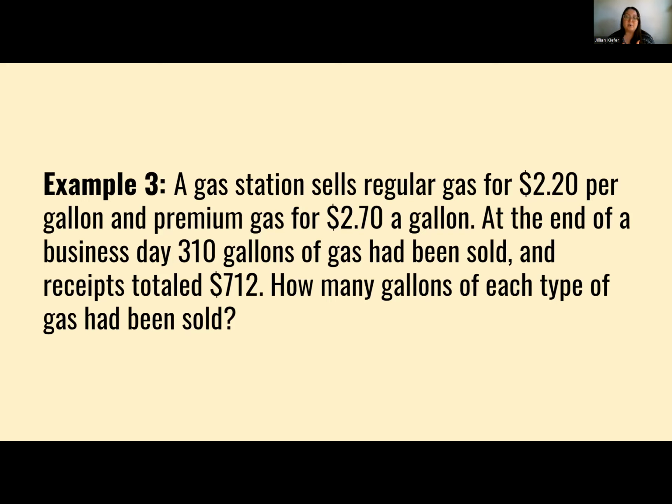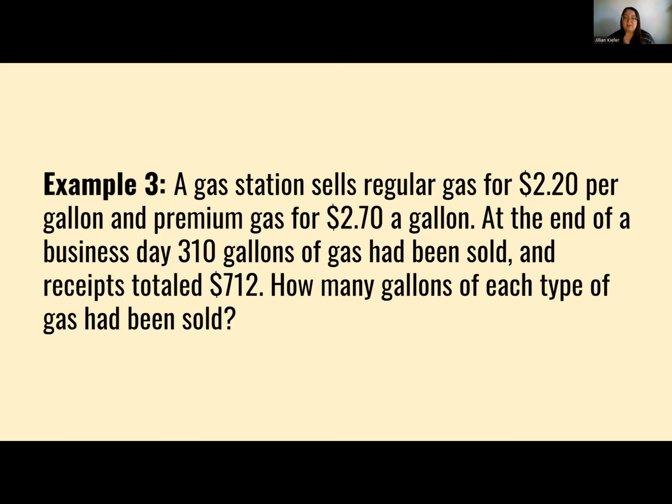If x represents some number of gallons of regular gas, then 2.20, which is $2.20, times x would represent the cost of the gallons of regular gas.